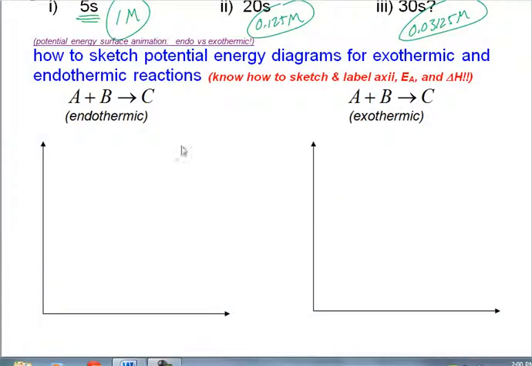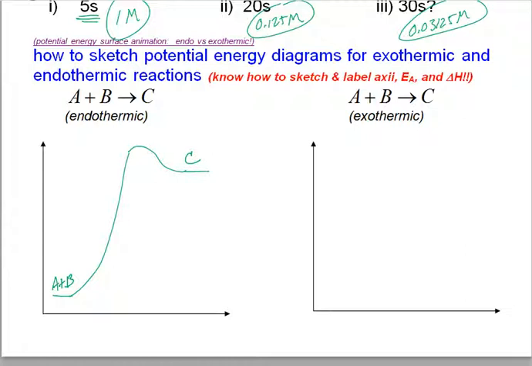So what we need to know is how to sketch these. On endo, you have to start really low and end up really high. That's the whole idea of endo. And then there needs to be a hump in between, an energy hump. So just sketching a little energy hump. If you want to draw these curvy on the bottom or flat, it really doesn't matter. So our reactants and our products.